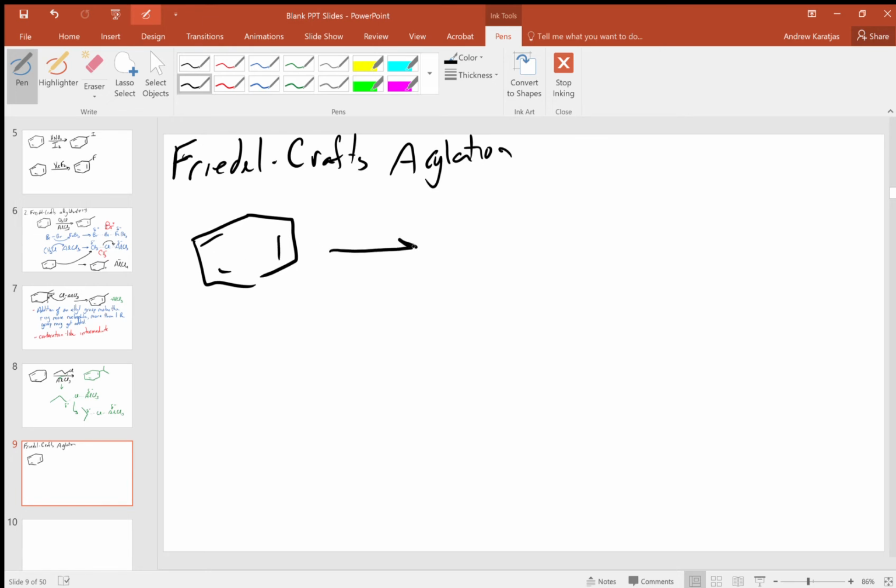And the major difference is that instead of an alkyl chloride, we use an acid chloride. So how does that help us? And does it solve both problems? So the mechanism starts out the exact same way. The carbon-chlorine bond attacks the aluminum.